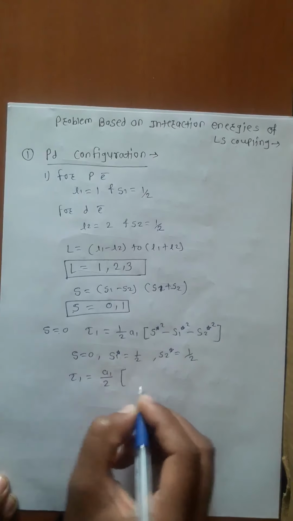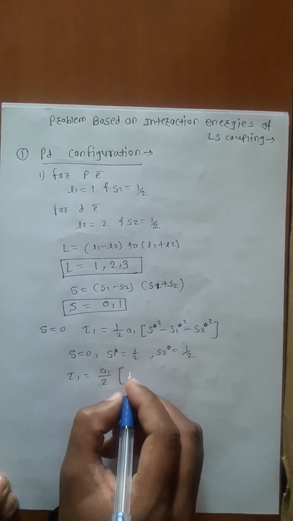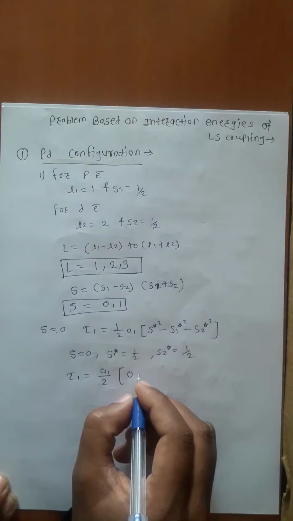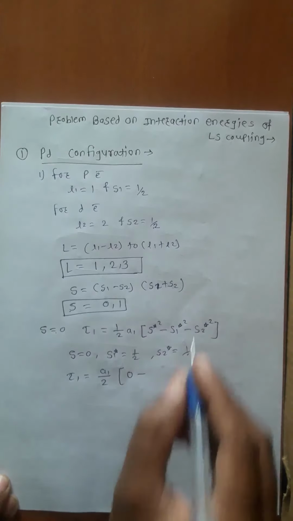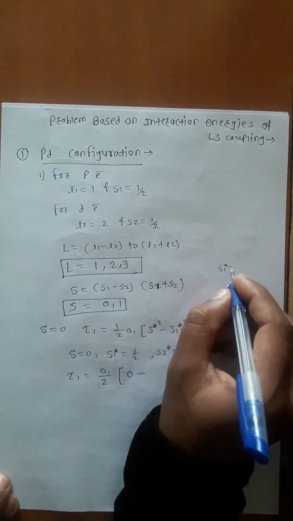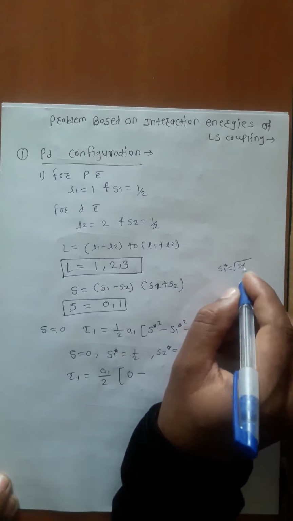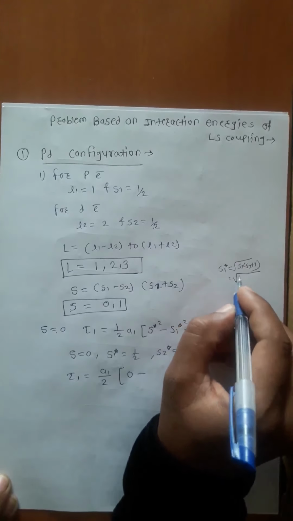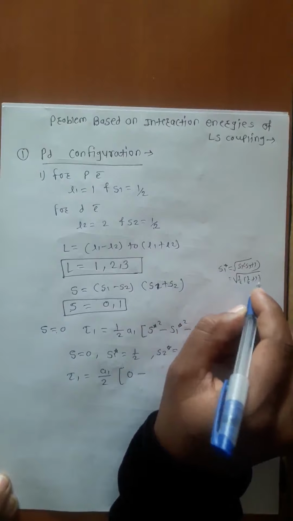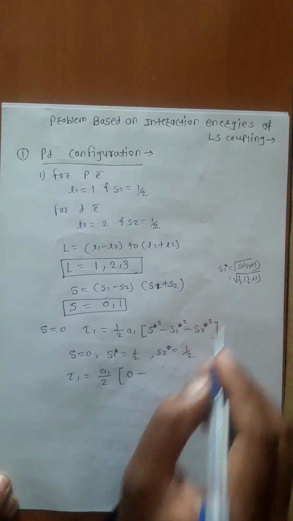A1 by 2 into 0 minus S1 star. How do we calculate S1 star? S1 star is equal to the square root of S1 into S1 plus 1, which is the square root of 1 half into 1 half plus 1, that is 3 by 2, so 3 by 4.